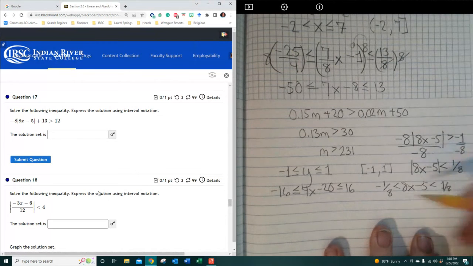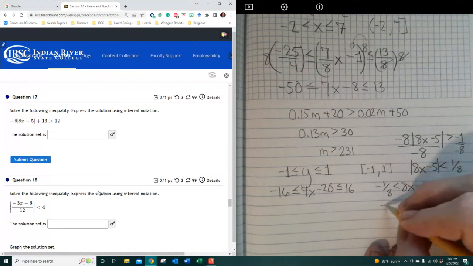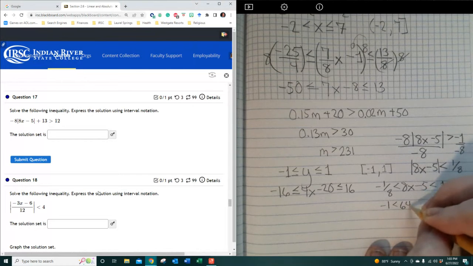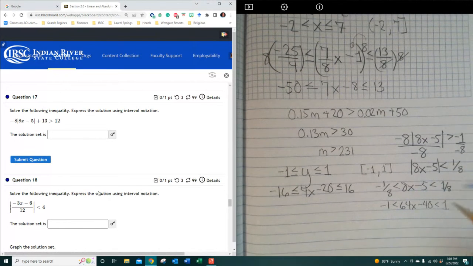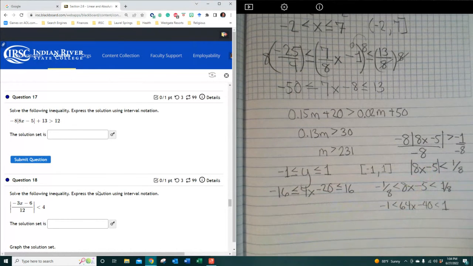Now, if you want, you can multiply both sides by 8 and get this. And when you multiply both sides by 8, you also multiply the inside by 8. And now you have no more fractions. That's just one strategy you can use. And then you still do everything you have to do. You add 40 to both sides, and then you divide both sides by 64.